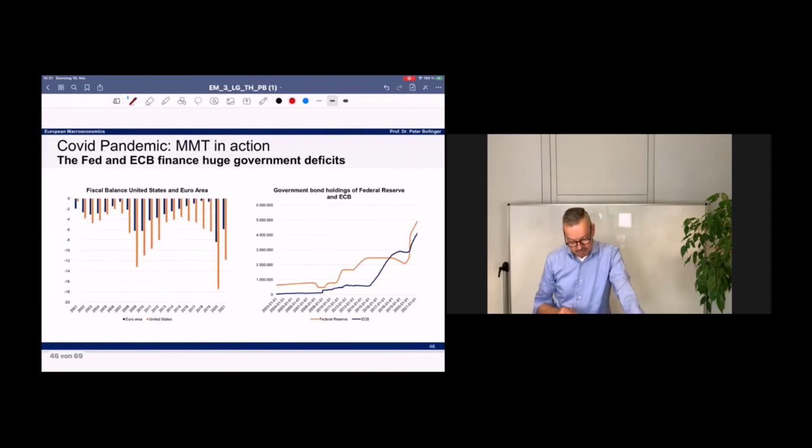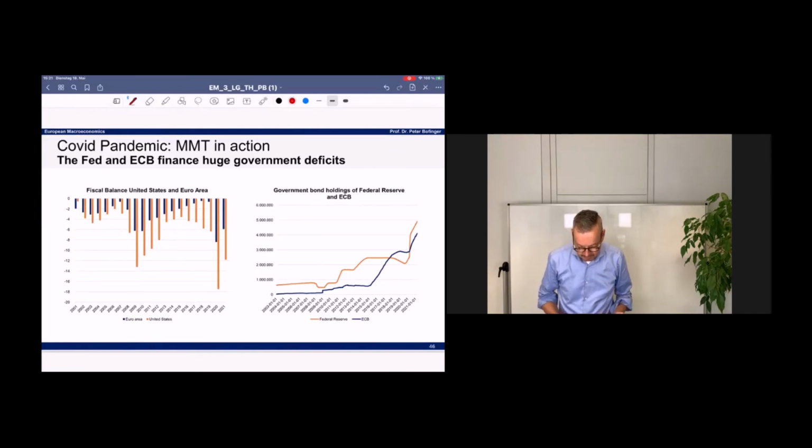So now just have a look at fiscal policy in the COVID pandemic. On the chart on the left side, you can see the fiscal balance of the United States and the euro area.